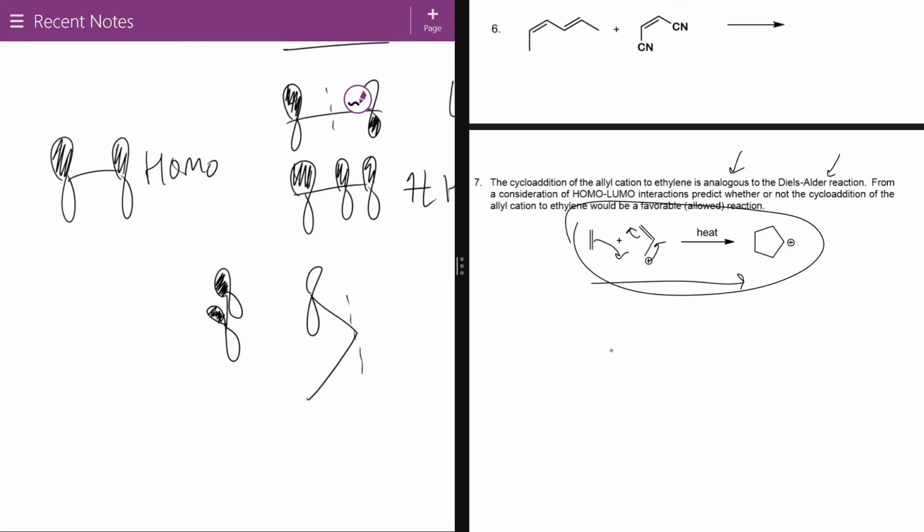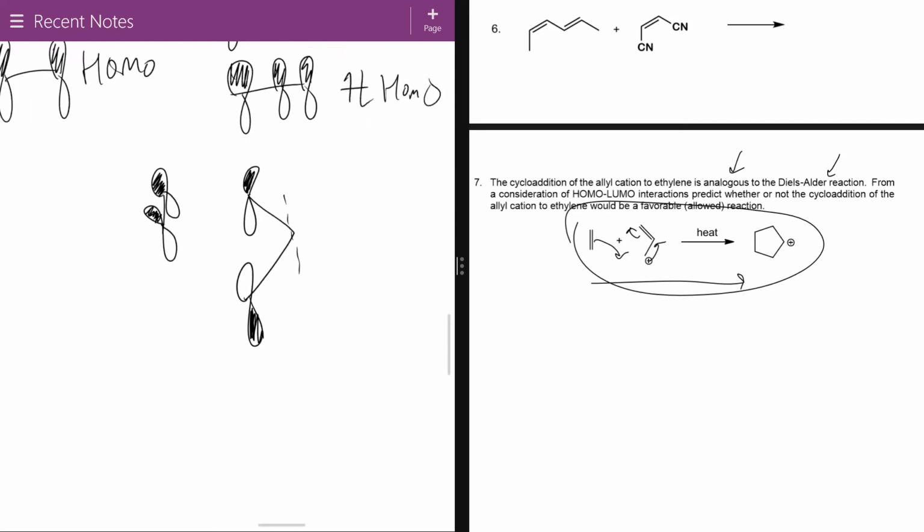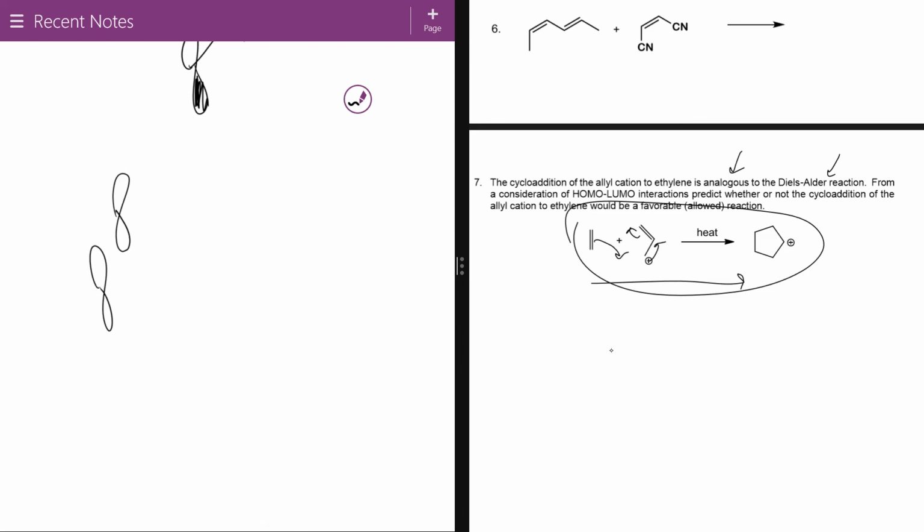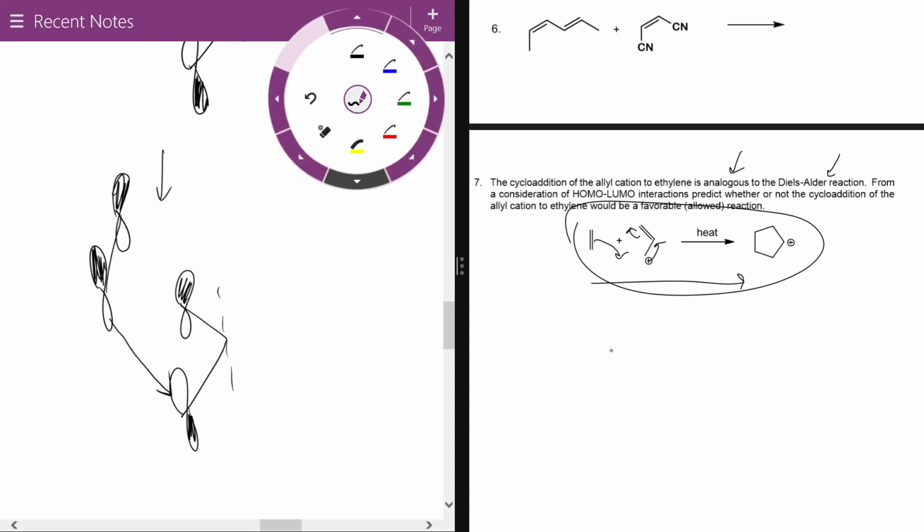With 1 node here, and we're crossing across the node. So as we try and line these things up, let me draw it a little clearer down here. Up, down, and then up, up. As we're bringing this molecule down, we get overlap here, so that's okay.